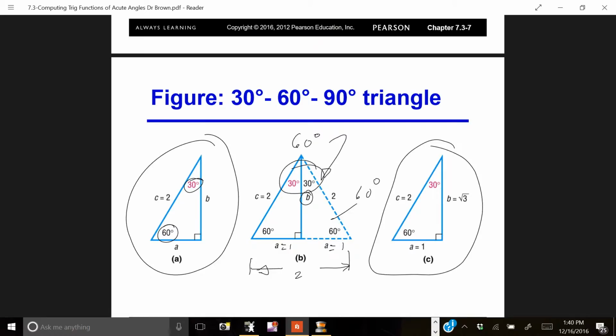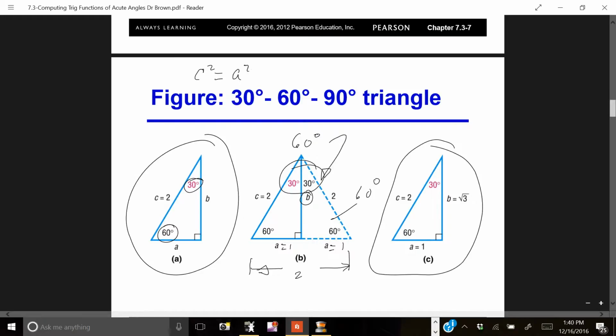And so doing this, we have c squared is equal to a squared plus b squared. And c is 2, so that's 2 squared, equal a squared, which is 1 squared, plus b squared. And we see that this is 4 equal 1 plus b squared.